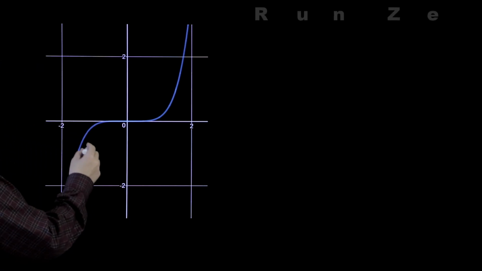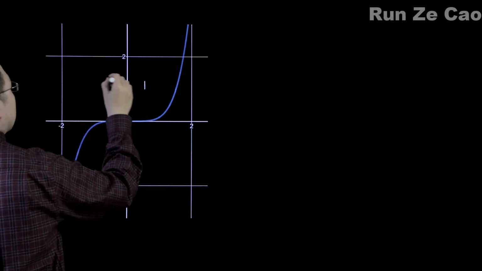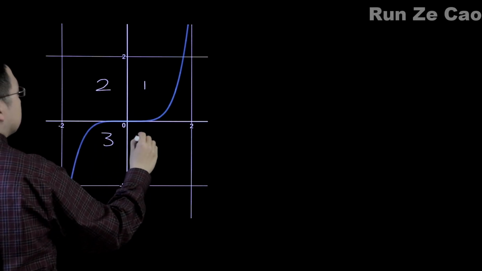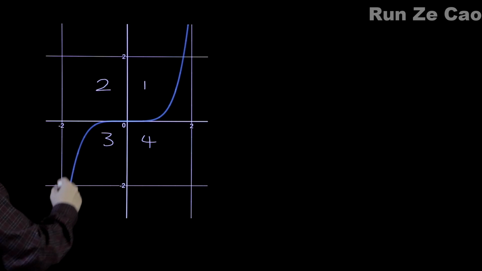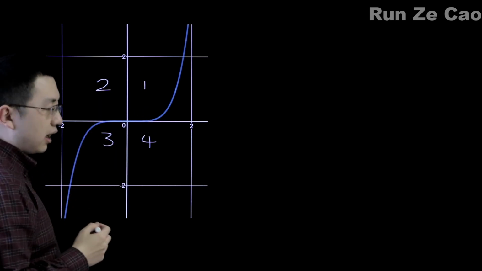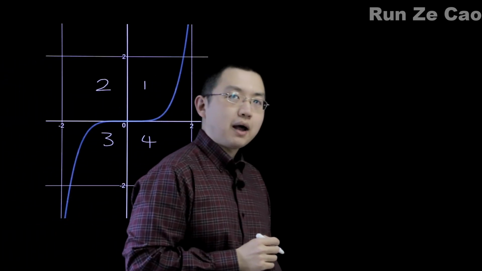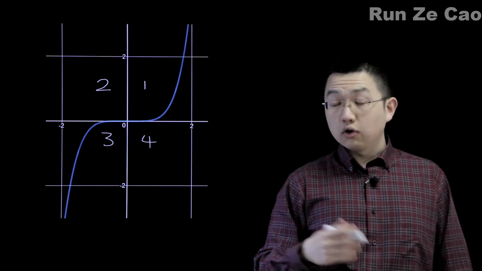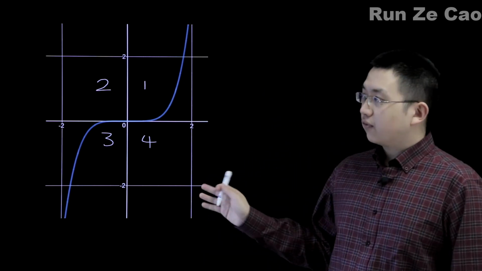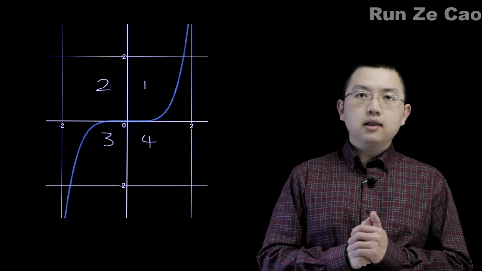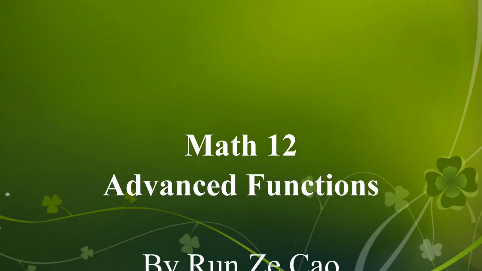So we hopefully remember the 4 quadrants, and we can conclude the end behaviors depending on the particular powers we're given, and of course the coefficients. So that's it for this section, and we'll see each other again then next section.